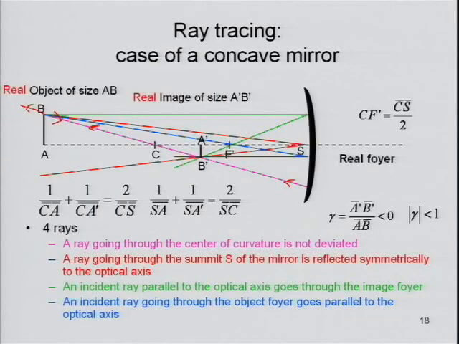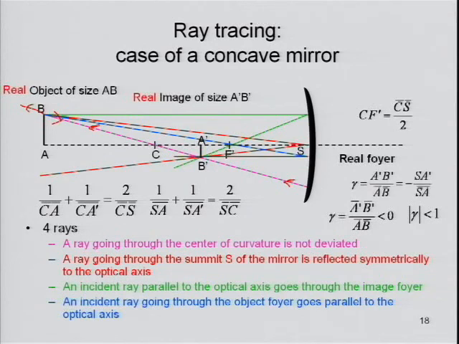Here's the equation. Either way, 1 over CA bar or 1 over SA bar, it's precisely the same equation. It depends on the reference that you want, either the center of curvature of the mirror or the summit of the mirror. In this case, gamma is negative because the image is upside down compared to the object. But the absolute value of gamma is smaller than one because the size of the image is smaller than the object.